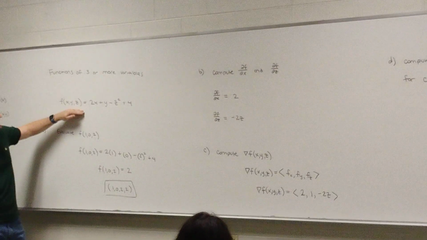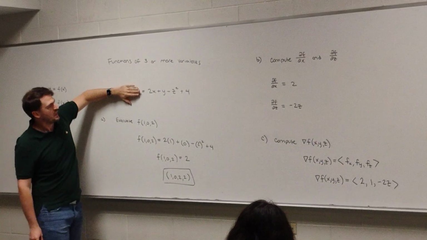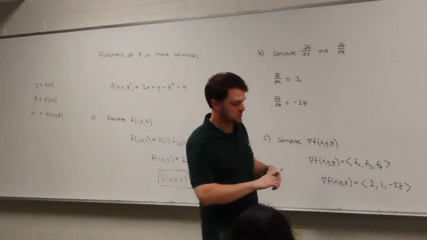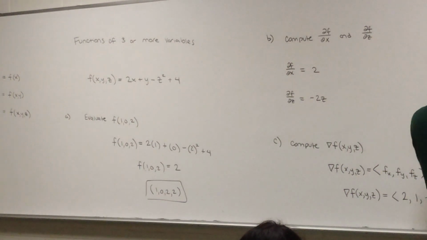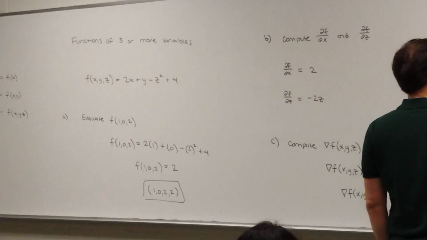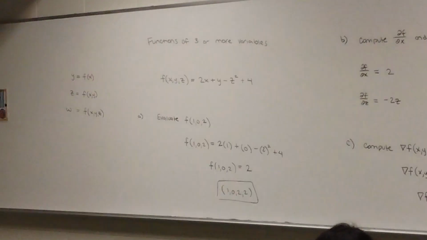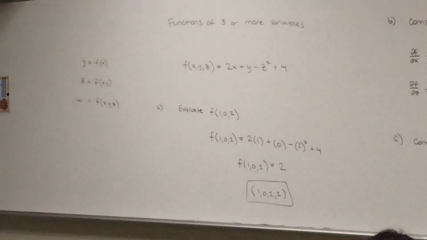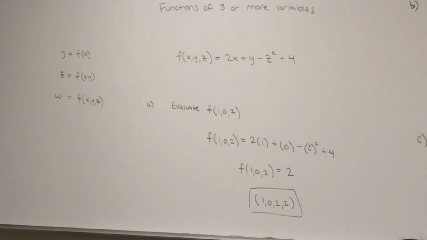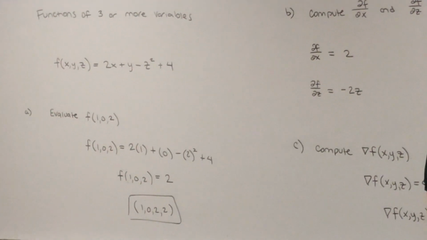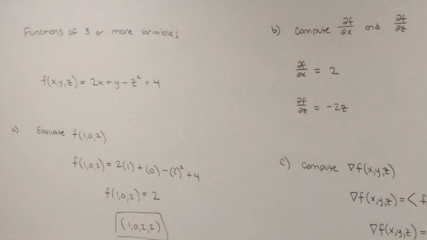If I were to slice this and set this function equal to maybe c equals 3, so if I've got f of x comma y comma z equals 3, I've got 2x plus y minus z squared plus 4 equals 3.